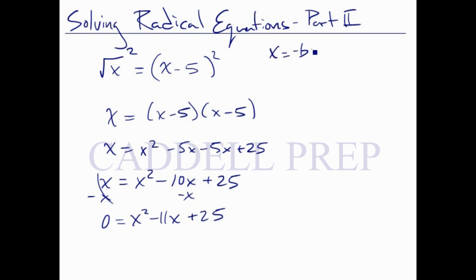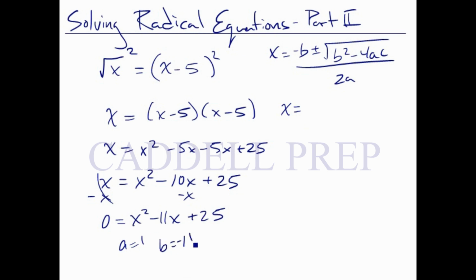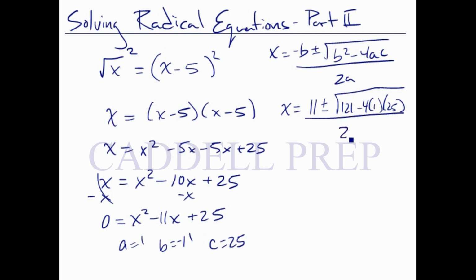x equals negative b plus or minus the square root of b squared minus 4ac over 2a. So now a is 1, b is negative 11, and the c term is 25. So negative b, negative 11, is positive 11, plus or minus b squared, which is 121, minus 4 times a times c, over 2 times a.